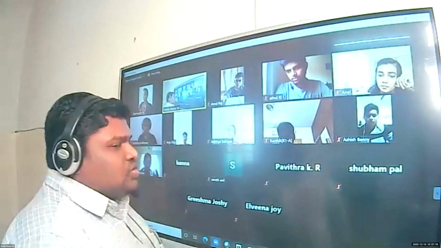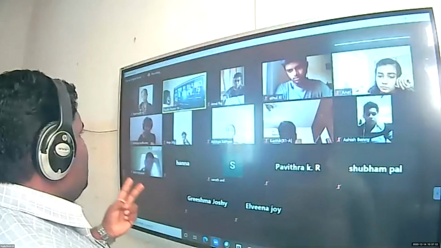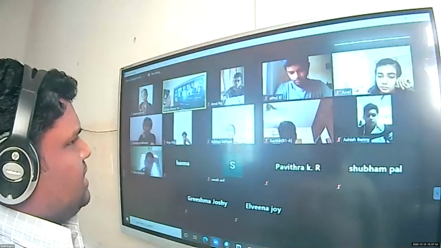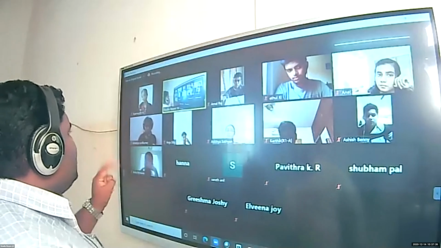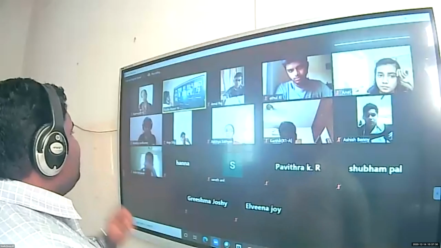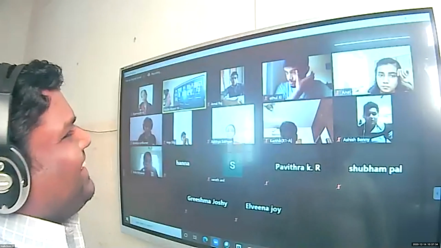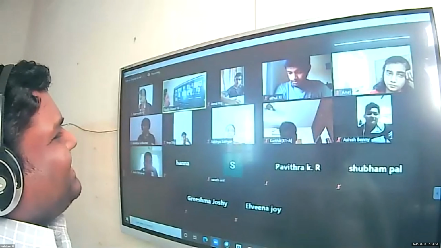Okay, so suppose the cost of production of Boost is 200 rupees, right? But the advertisement cost is 20 crore rupees. The company produced only one bottle of Boost. What will be the price of the Boost? You can say.